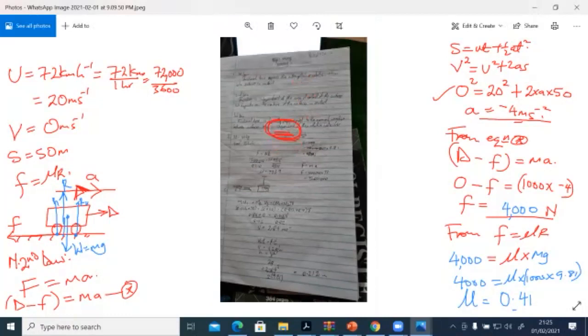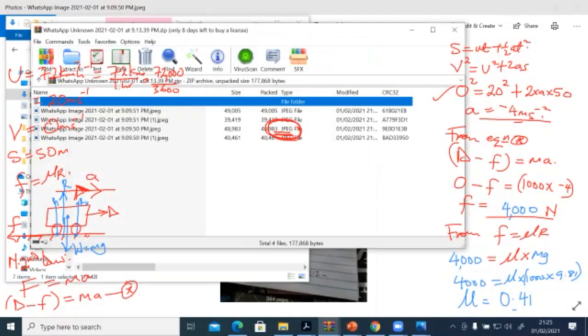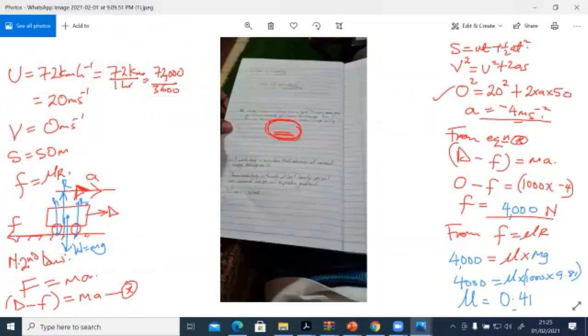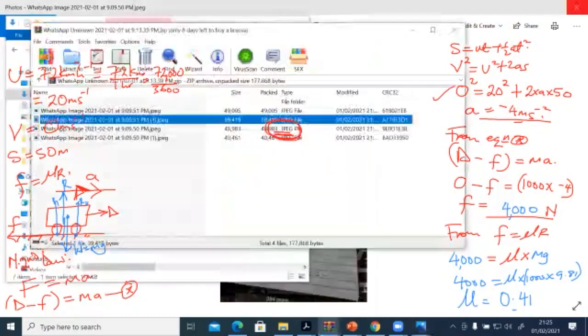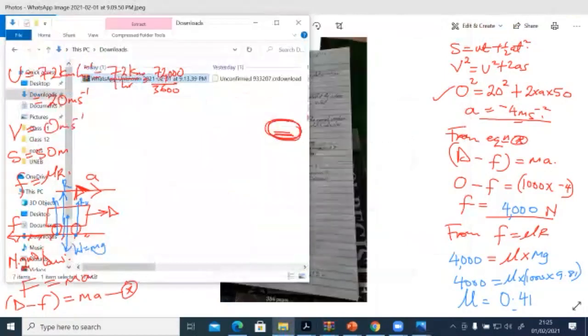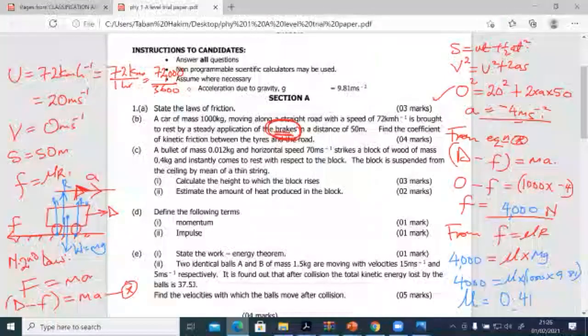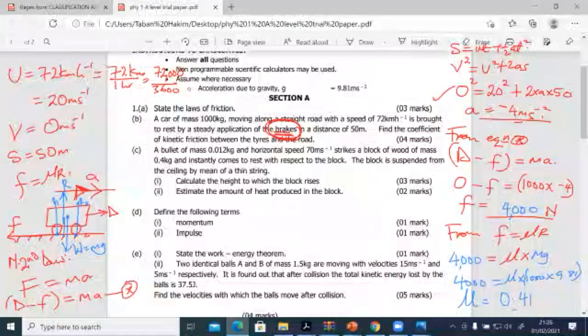Let me see another one. Yeah, you skipped this question. Okay, no problem. So in case you didn't get it, then you can do the corrections.